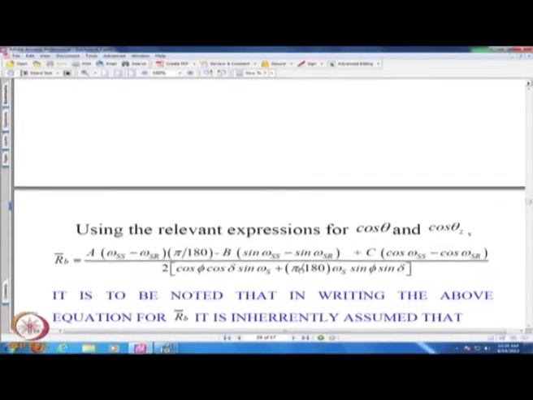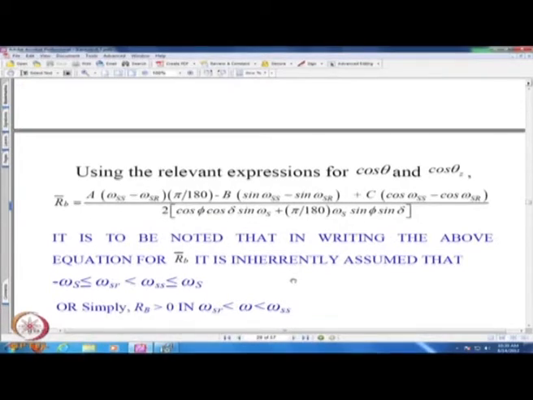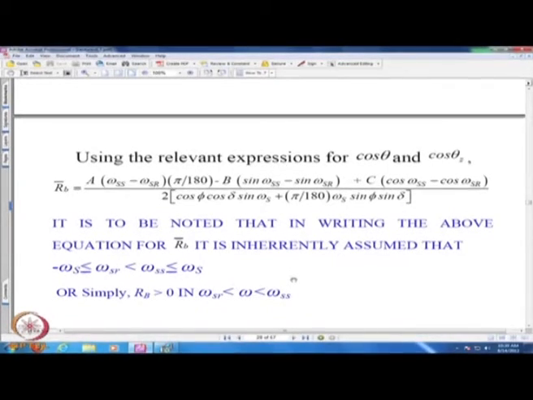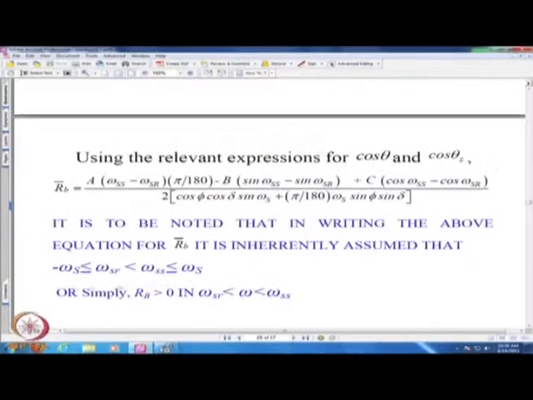Now, we made, without explicit mention, an assumption that omega_SR is lower than omega_SS, or that minus omega_S is less than or equal to omega_SR, less than omega_SS, less than or equal to omega_S. Let me give you a counter example.